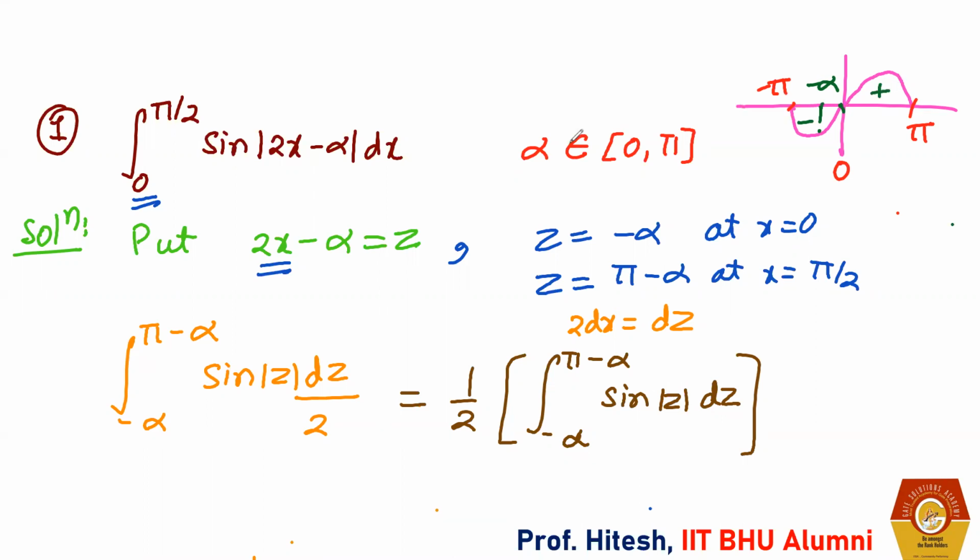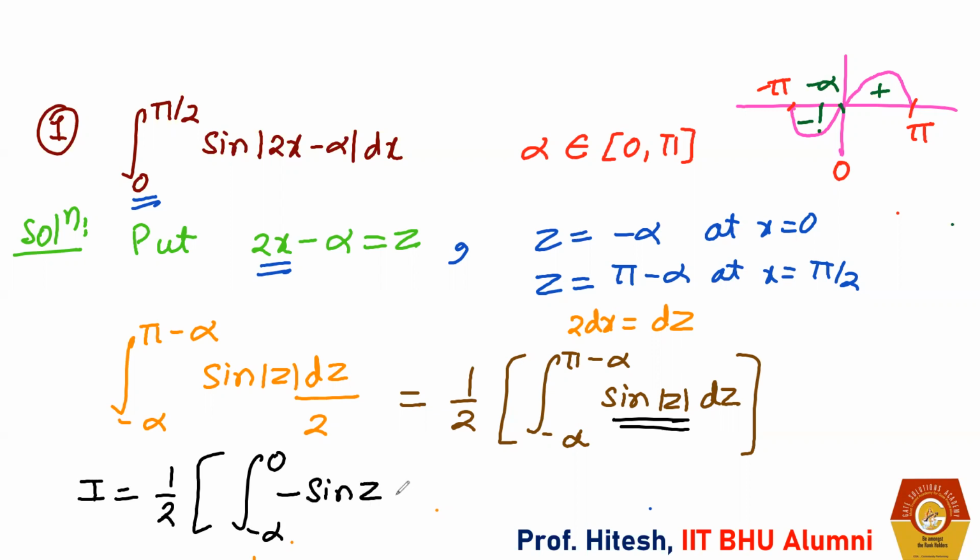It means we will break using property number 3. We will break at 0: from minus alpha to 0, sin z is negative, and from 0 to pi minus alpha it is positive. Understood? Write it down, then solve this.